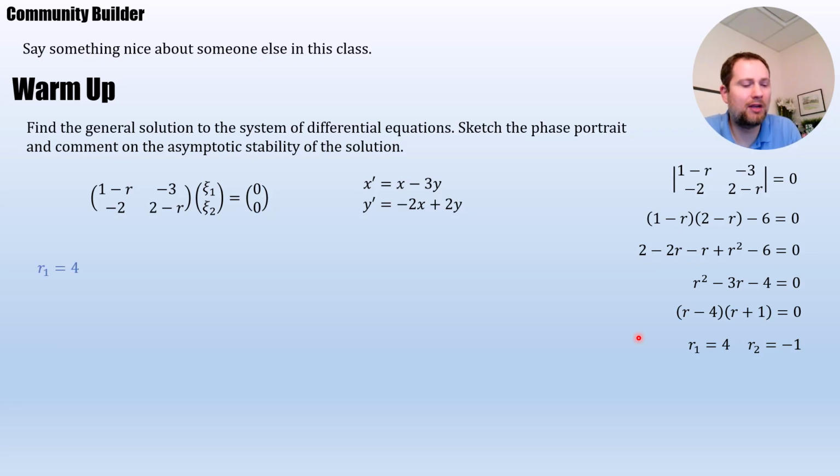Okay, so now let's take a look at each one individually. So we got R1 equals 4, that's our first eigenvalue, and let's find the eigenvector that goes with that. The way we do that, remember, is to go back up to this eigenvalue equation here and plug in 4. When we do that, we'll get this matrix, and it's always true that we get a dependency between the rows, and the two rows are going to give us the same information.